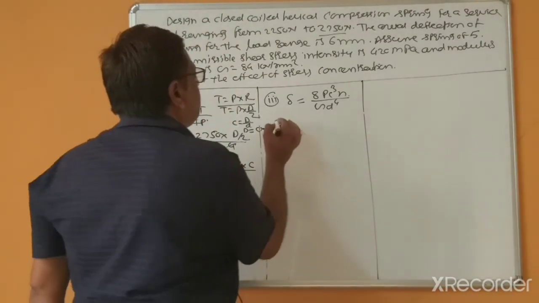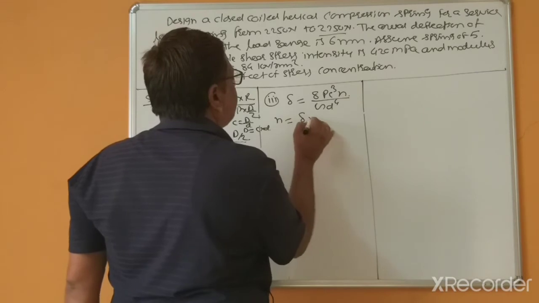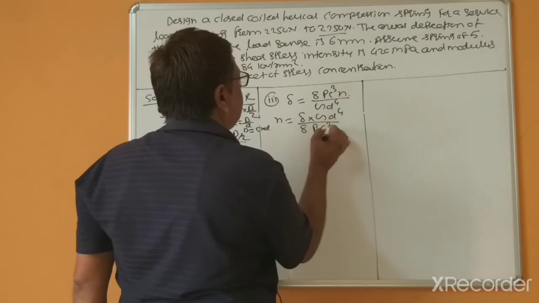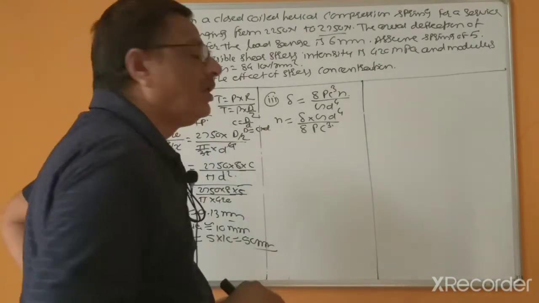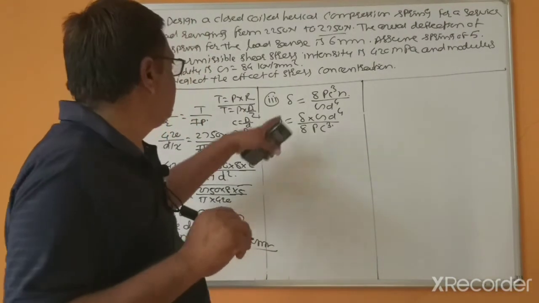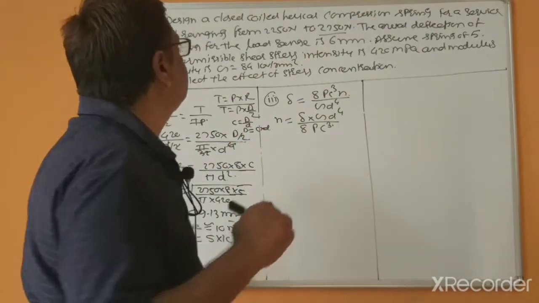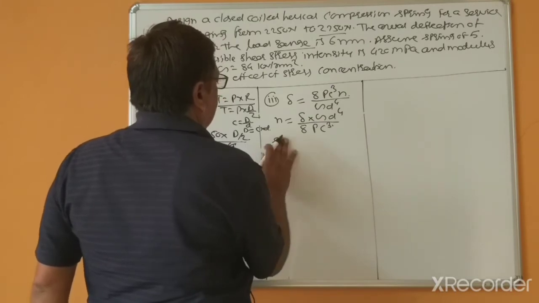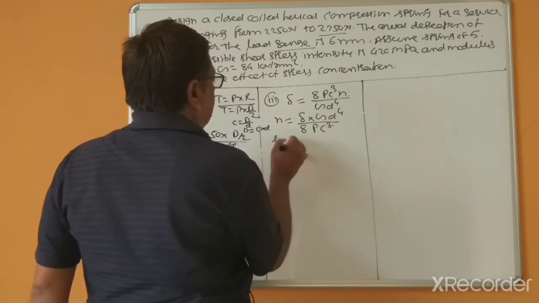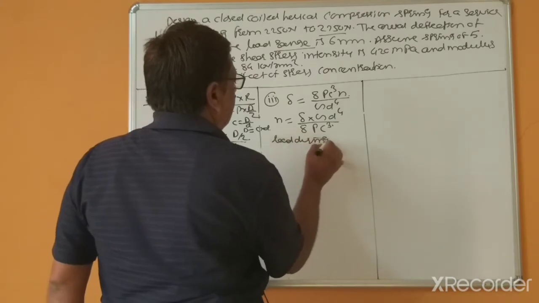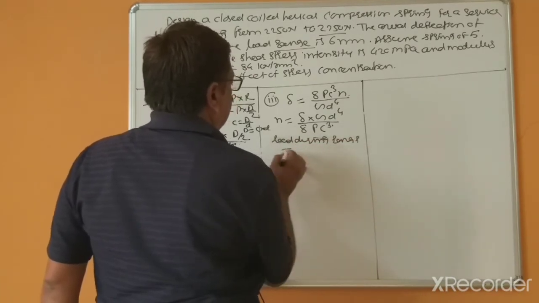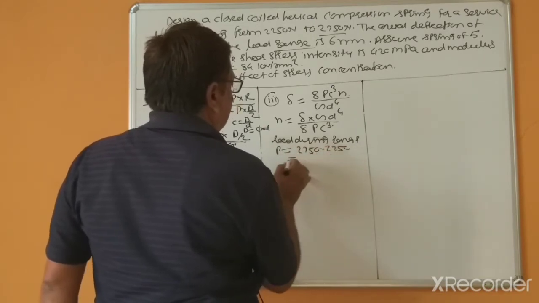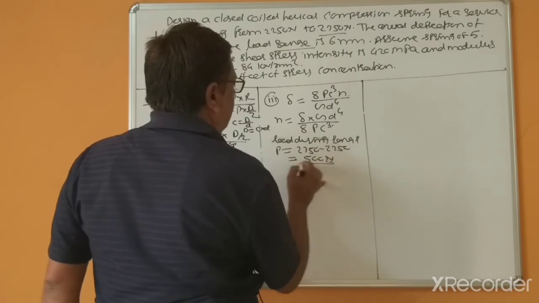So N equals delta into G d raised to 4 divided by 8PC cube. Now P equals what? The deflection is given as 6 mm for the load range, so P equals 2750 minus 2250, which is 500 newtons.